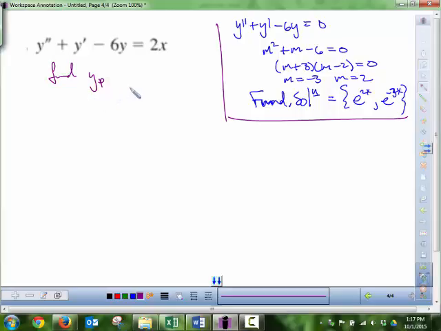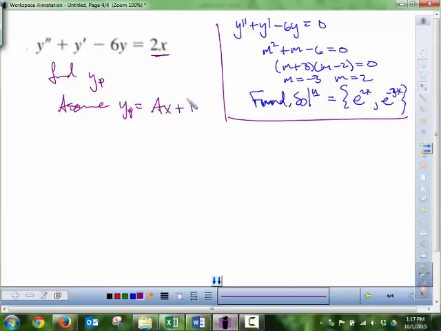And for this, since this is our g of x, it's 2x, we assume yp is equal to what? Ax? Not quite. Ax plus b.